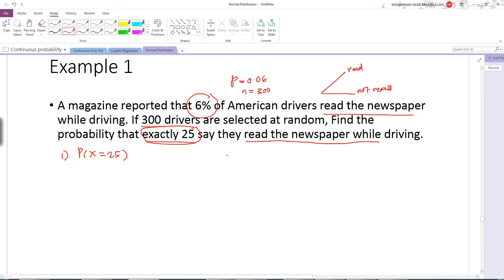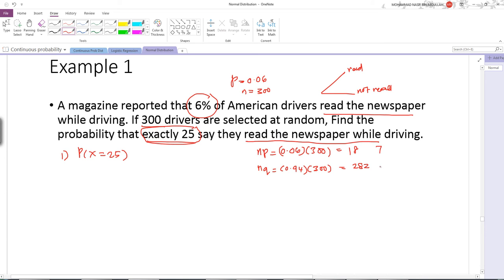And then we check the requirement assumption. np is equal to 0.06 multiplied by 300, so this should be equal to 18. nq is equal to 0.94 multiplied by 300, equal to 282.